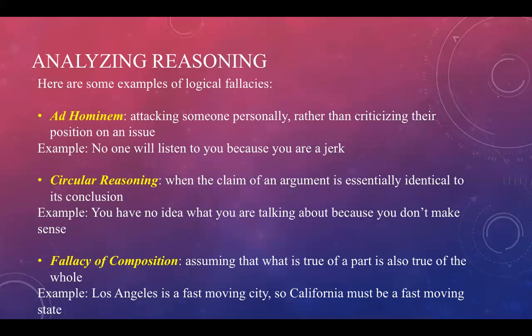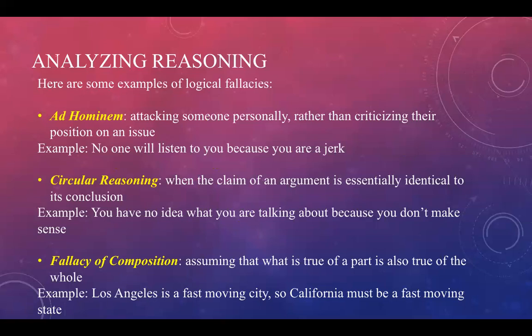Fallacy of composition is actually where racism comes from. It's where we pass judgments on people because of a few individuals that are making poor choices. Right now we're struggling in our community with the acceptance of people who are of Muslim faith. And why?